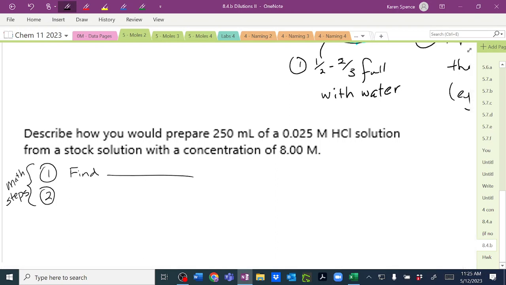When in doubt, what should you find? When in doubt, find moles.